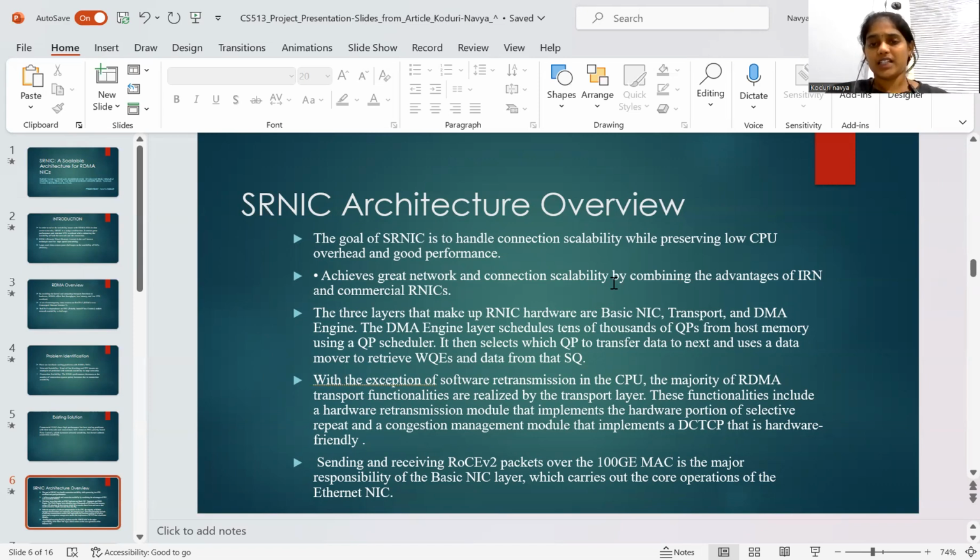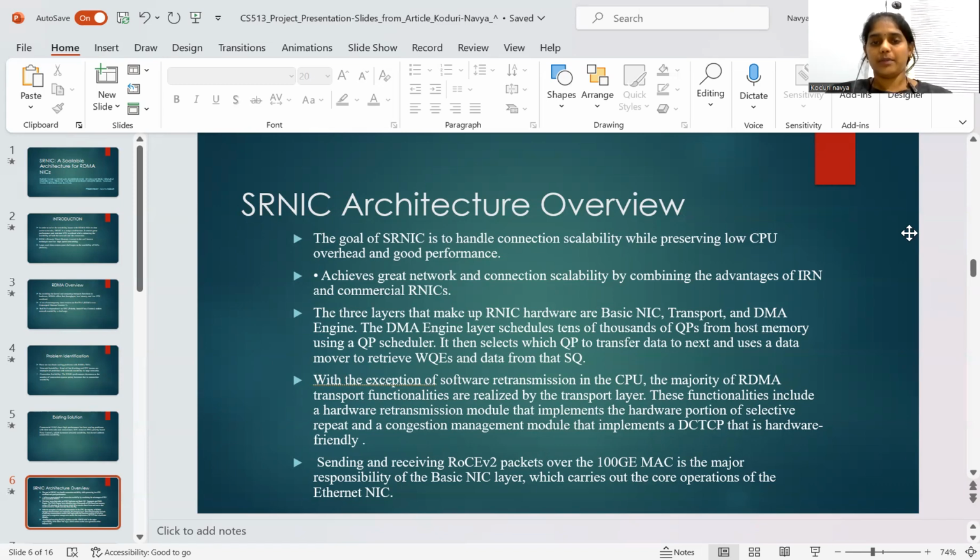The DMA engine schedules tens of thousands of QPs from the host memory using a QP scheduler. It selects which QP to transfer data next, and then retrieves the WQEs and the data from that SQ.